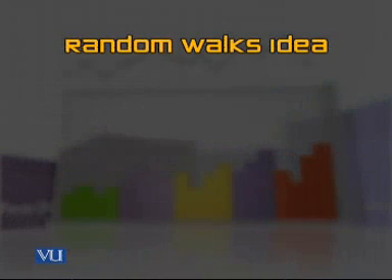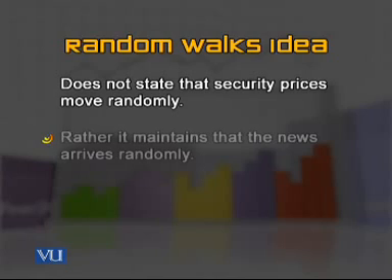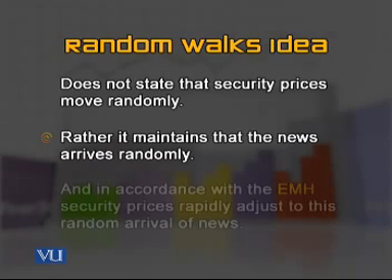Now, I just mentioned random walk. And what did the random walk idea tell you? It does not state that security prices move randomly. Rather, it maintains that the news arrives randomly. Stock market prices do not move randomly. The idea maintains that news arrives randomly.